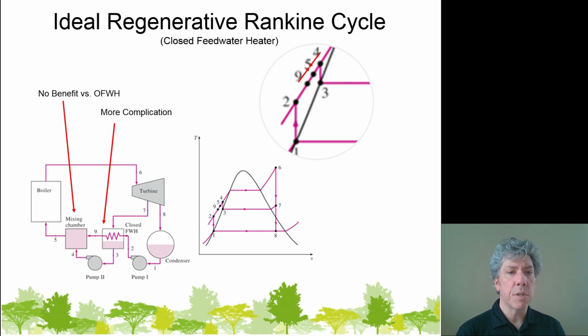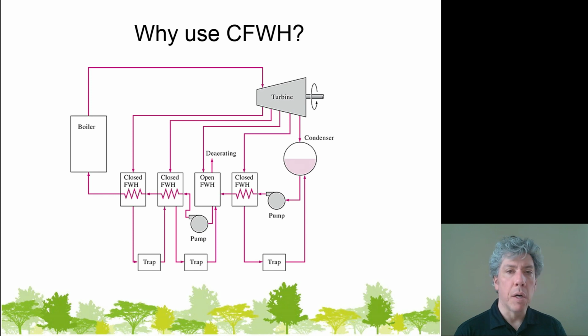Well, there's actually a good reason, despite the fact that there's no real benefit versus an open feedwater heater. The idea is that we could actually include multiple closed feedwater heaters and multiple bleed streams from the turbine in order to make an overall more efficient system. Steam traps are pretty cheap.